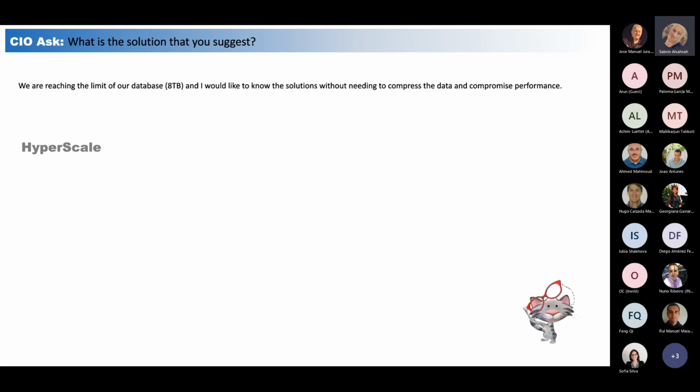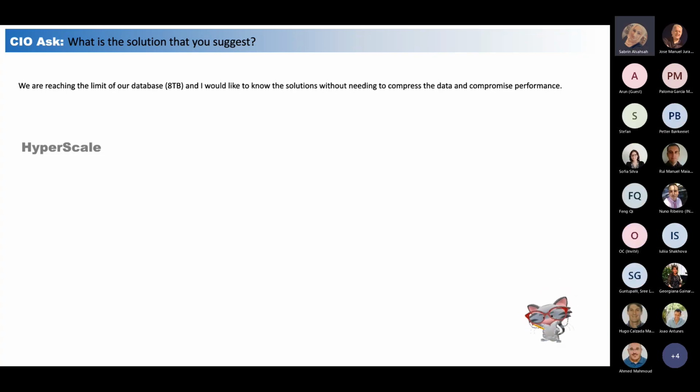Actually, Hussein, this is one of the common questions that we receive, because for big businesses you can easily reach the 8 terabytes. For such cases, we have the hyperscale service tier, which is a vCore service tier that can move your database up to 100 terabytes.